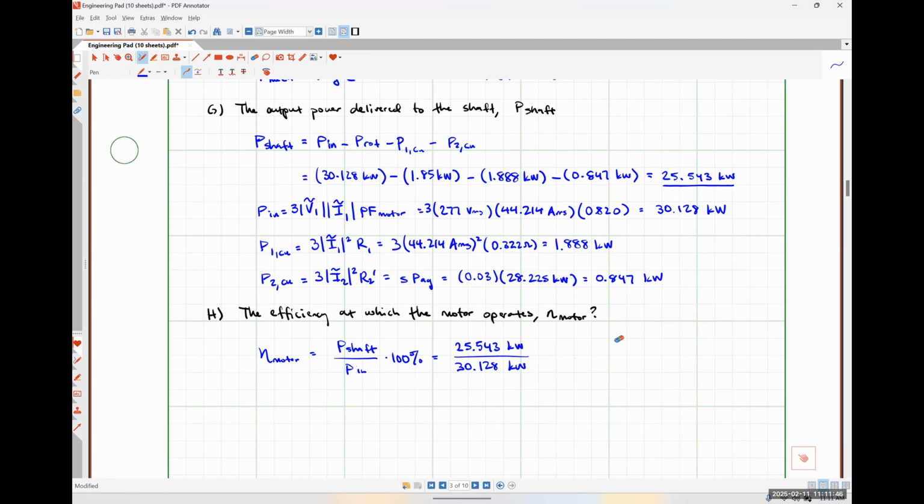Actually, let me times 100% comes out to be 84.782% efficient. So a relatively high efficiency, which is one of the reasons why induction motors are used so much. All right.